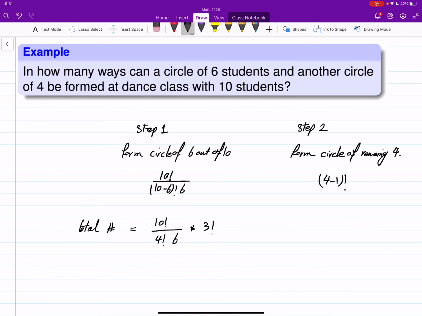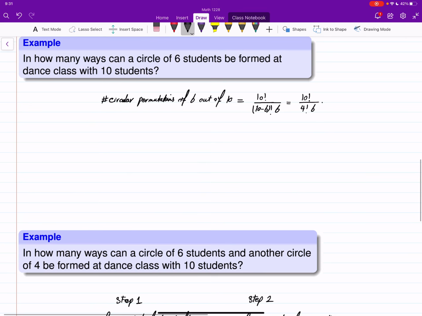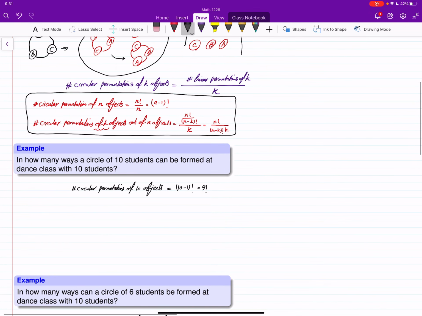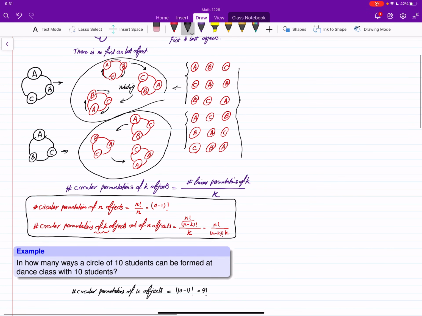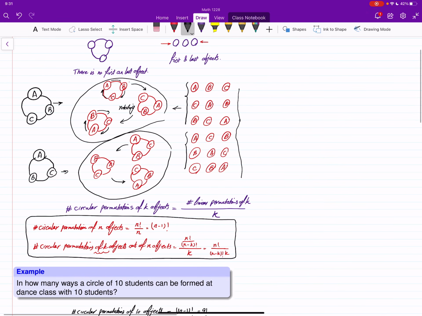As you can see, this 3 factorial is 6 and will cancel with that, and that will give us really 10 factorial divided by 4 factorial. So you should always keep in mind that when you're doing circular ones, you're getting a little bit of overcounting. That's why we have to divide whatever the number is by the number of objects on the circle.